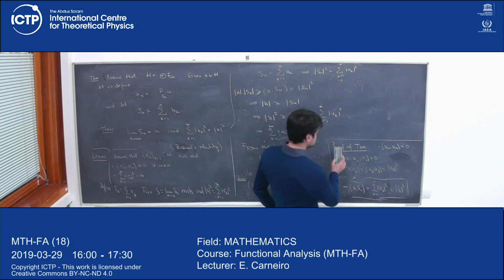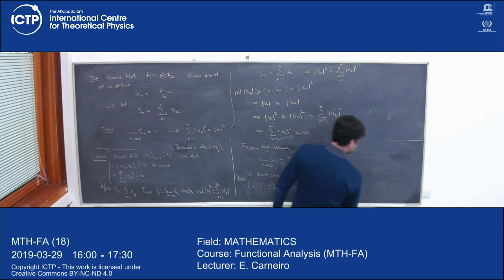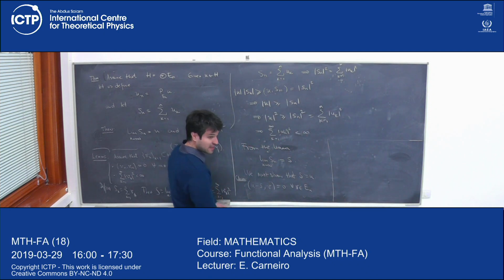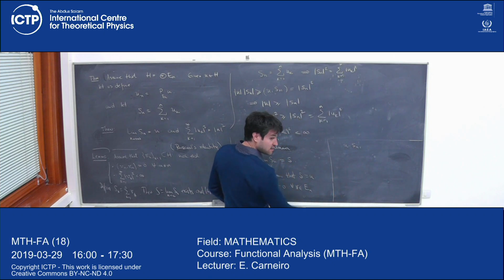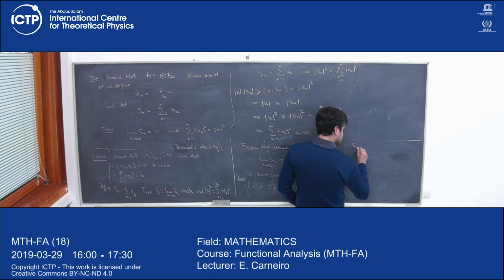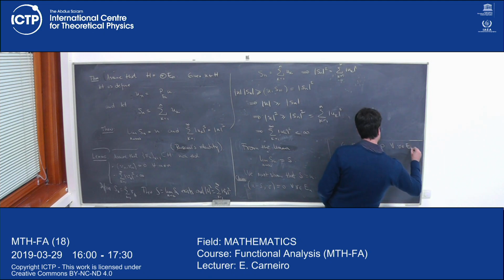Well, let's go again to the box. It is clear that U minus Sn against V is equal to 0 for any V belonging to En when M is bigger.